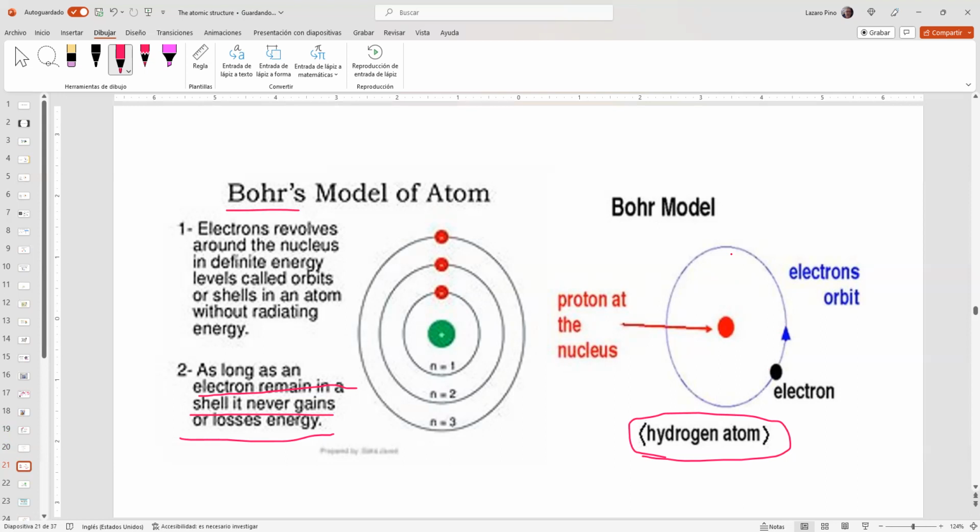But what happened? This equation was pretty good to explain the atom of hydrogen that has only one electron. But when he tried to use this equation to explain the other atoms with more than one electron, it failed. Was he wrong? Well, let's see.